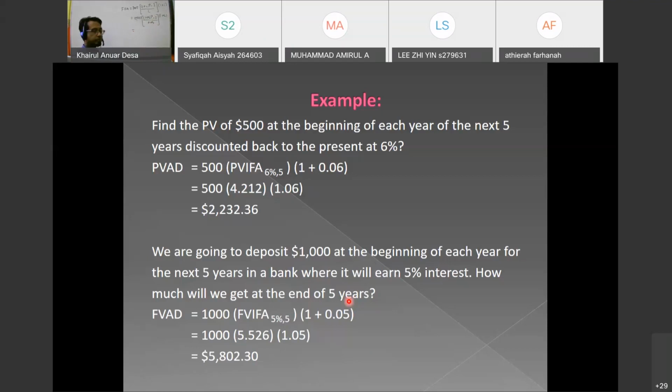So, kita dapat berapa? So, cuba you buat calculation. Berapa jawapannya di sini?